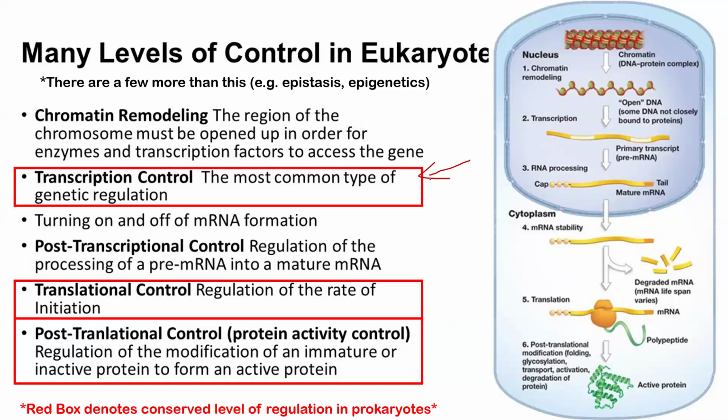The next level of regulation that prokaryotes exhibit is translational control, which is how fast the mRNA is read through by the ribosome, and then post-translational control, which has to do with the fully formed protein and whether or not it's activated or inactivated off the ribosome, and in both of those cases, how frequently is it in an inactive form.